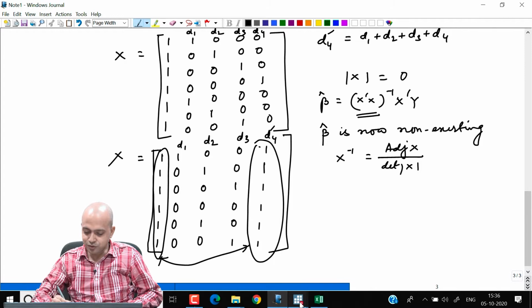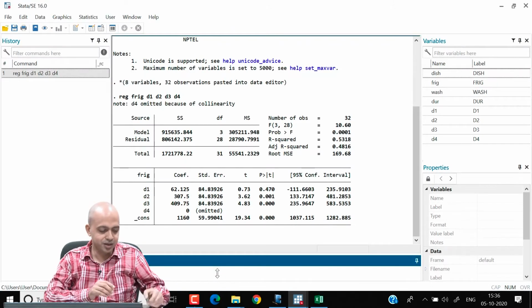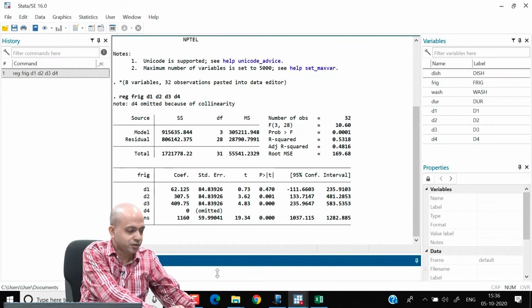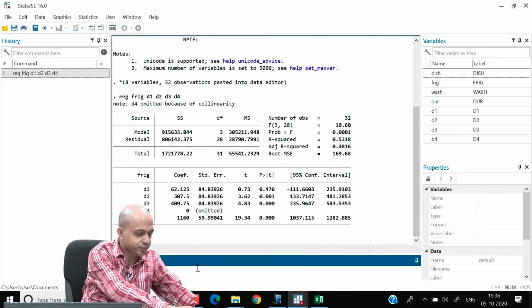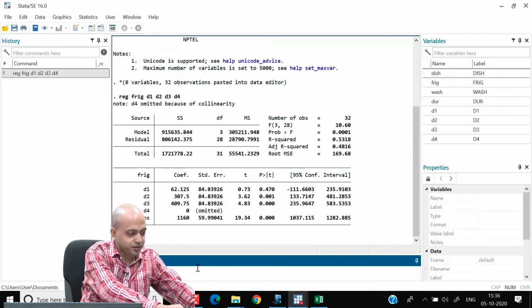So what do you have to do? If you want to estimate this type of model, then the solution is you type reg, then FRIG, then D1, D2, D3, D4.